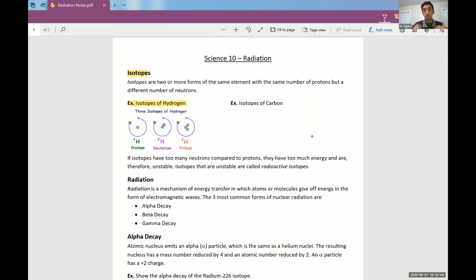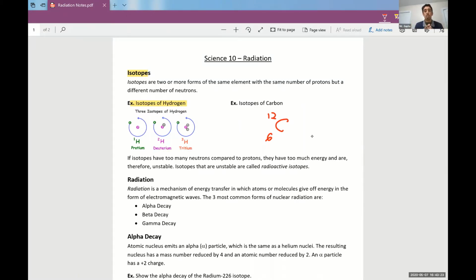The normal version that we know is carbon-12, where there's 6 protons, 6 neutrons, 6 electrons. That's the version of carbon we know. It's on the periodic table. But there are also, I think, 15 to 20 other versions of carbon that have different numbers of neutrons.